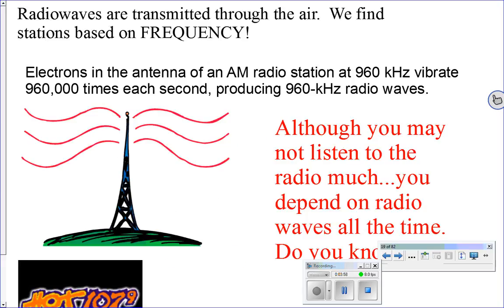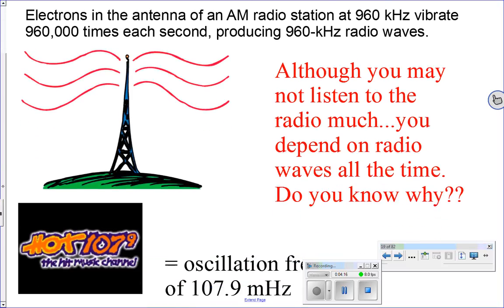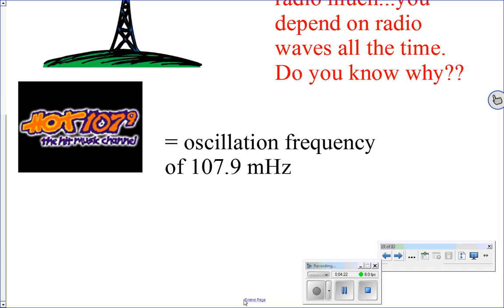Radio waves are being transmitted through the air constantly, and these are transmitted at different frequencies that are picked up by your radio dial. So although you may not listen to the radio much these days, hopefully you occasionally do in the car, when you look at your radio dial and you see something like, for example, Hot 107.9, the oscillation frequency at which they're sending out that broadcast is 107.9 millihertz.